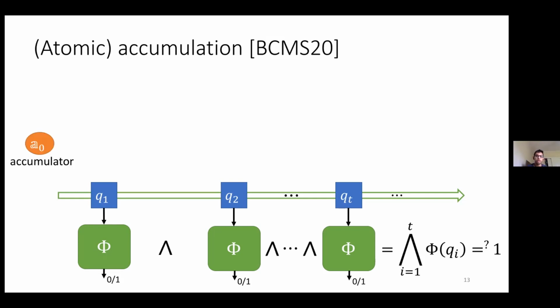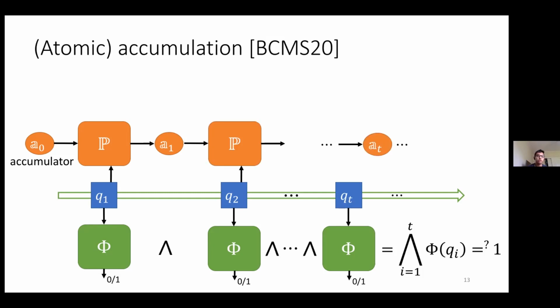The key object in this accumulation scheme is called an accumulator. This is not a set accumulator, just as a reminder. Just think of it as some opaque object for the time being. Then there's an algorithm called an accumulation prover, which takes in an initial accumulator and a query for this time step and spits out a new accumulator, which accumulates both A0 and Q1.